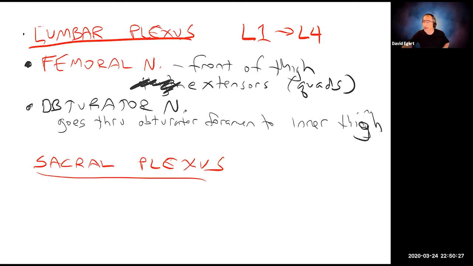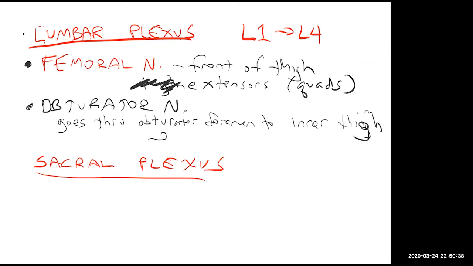So if you have something going to the inner thigh, what are the muscles on the inside of your thigh? What do they all do? Adduct. Yeah, so this is going to be all the adductors.